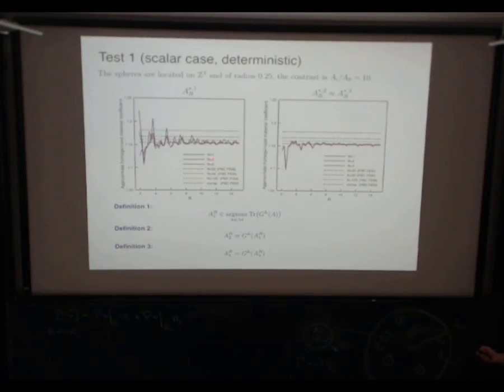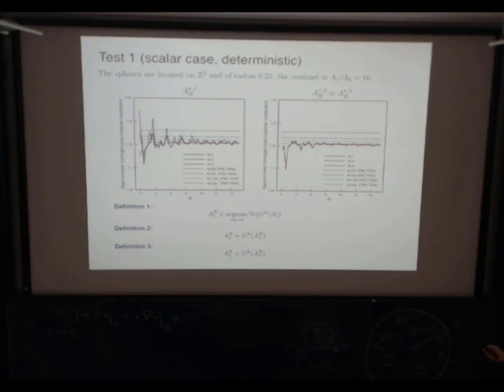Then n equals 2 means 9 degrees of freedom, and n equals 3 means 16 degrees of freedom per sphere. What you see is that you don't need to go high in discretization in terms of spherical harmonics, since the error due to the truncation of R is dominating. Here all these curves lie almost on top of each other.